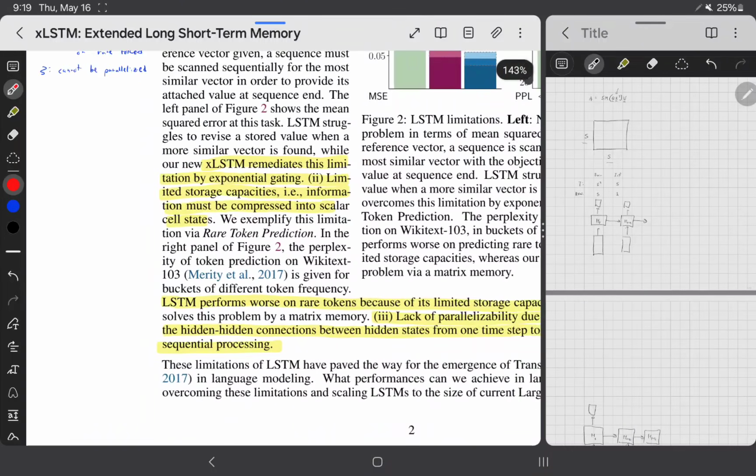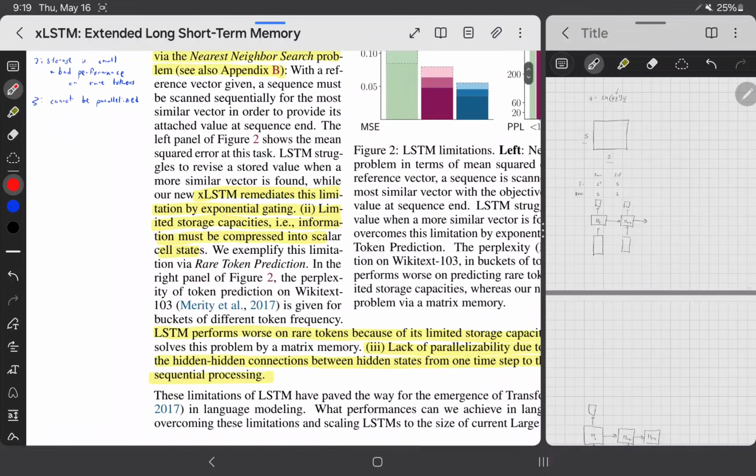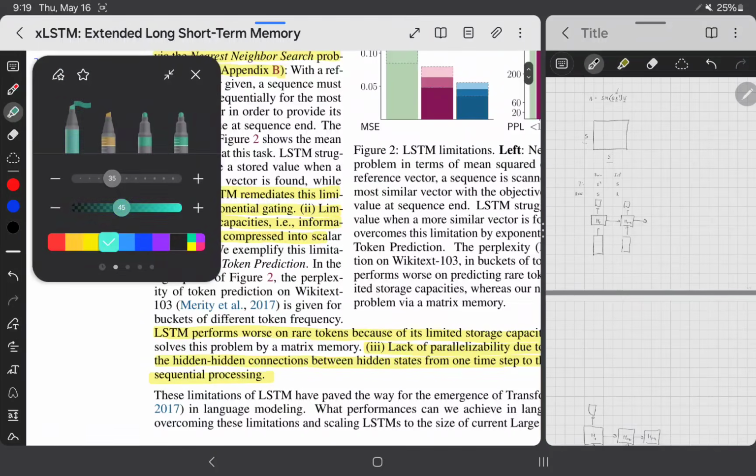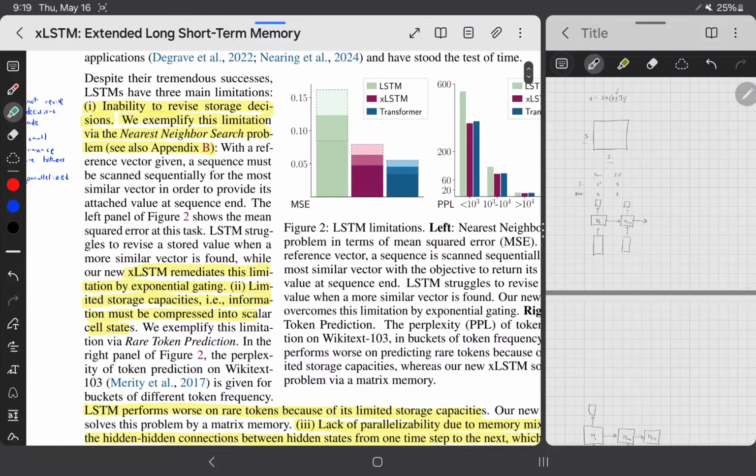Now, like I said, LSTMs are cool and all, but they have a lot of problems, and they have a couple of problems that they want to fix. So they want to fix, one, the inability to revise storage decisions, and they say they fix that with sLSTM, which is a little weird to me, but they mention that it does fix that.